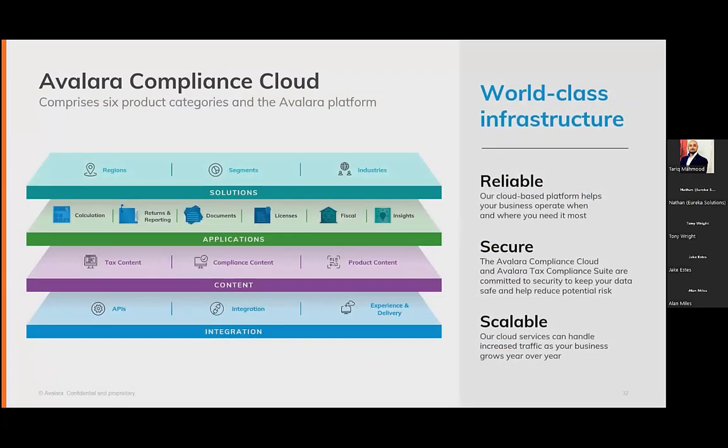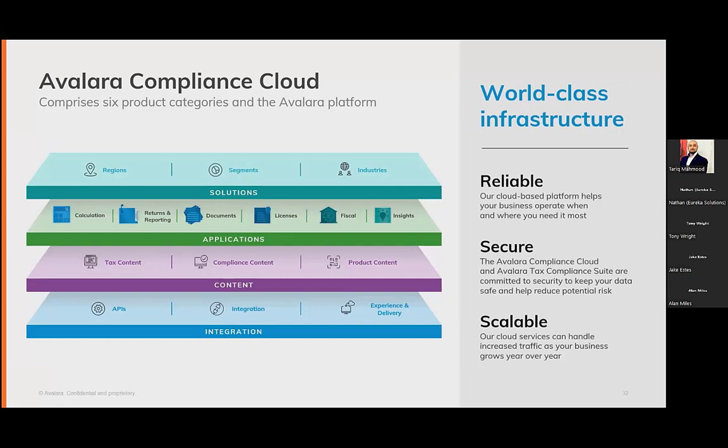So, Avalara, we live and breathe indirect tax. We have a best-in-class global compliance platform. Tax calculations are delivered in the blink of an eye by combining the power of our tax engine with the depth of our deep tax content and rules database. We automate the returns process from preparation and filing to remittance.